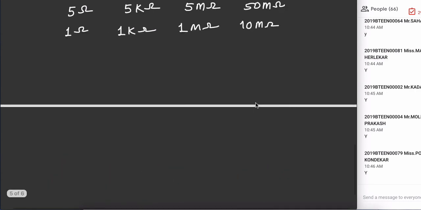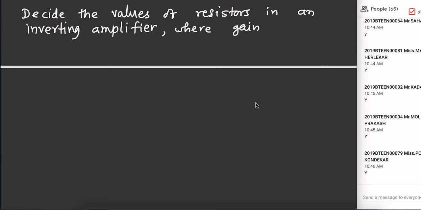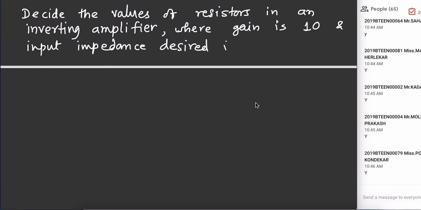Okay. So let us take one small example which you will be able to do very easily. Decide the values of resistors in an inverting amplifier where gain is 10 and input impedance desired is 2K.